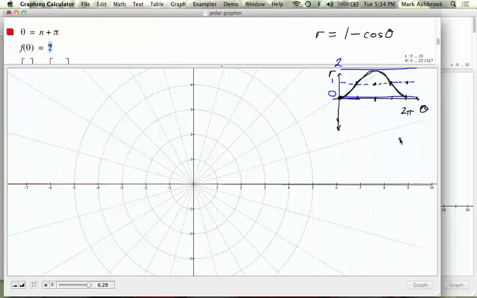Okay, so without your calculator, based on this graph, can you sketch by yourself what the polar graph will look like? You're going to take it a section at a time, and ask, as theta changes from this to this, or as we rotate from this to this, what will r do simultaneously? And then you go to the next part.